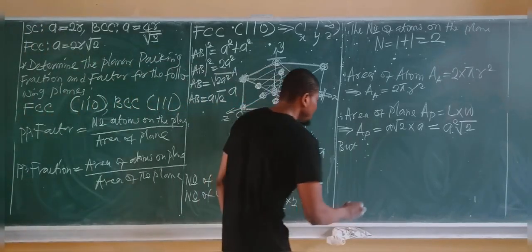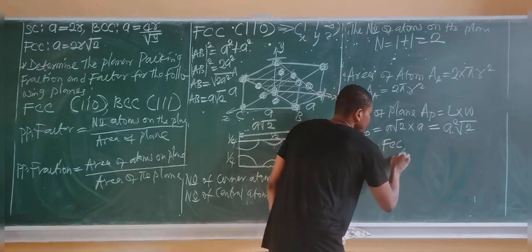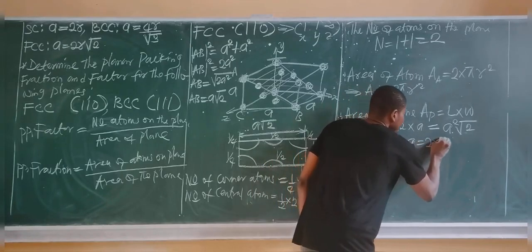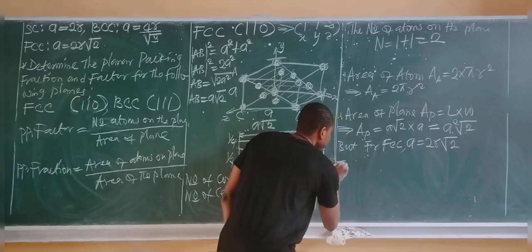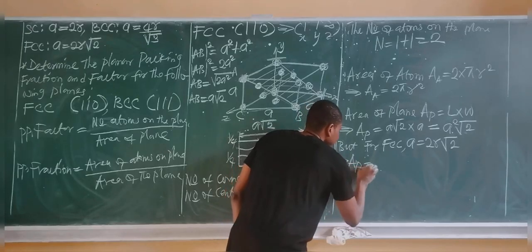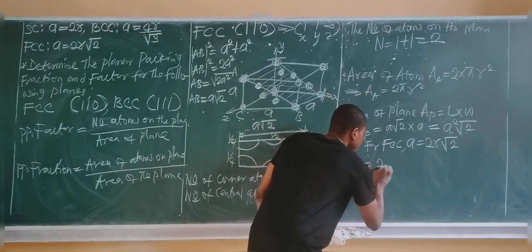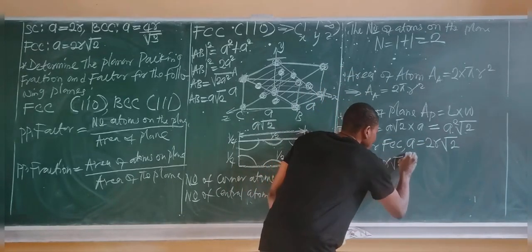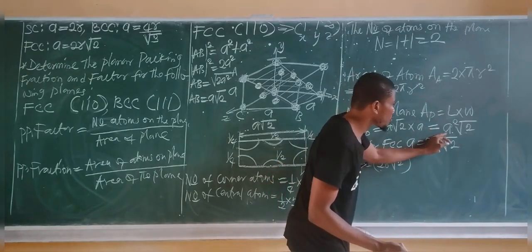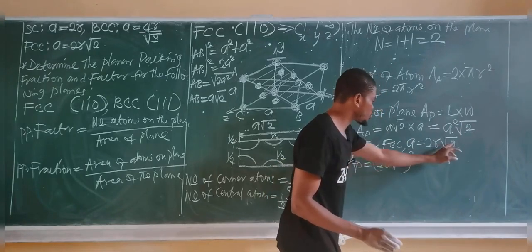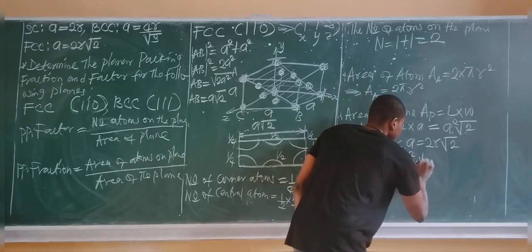So in place of a squared, we have 2r root 2 all squared times root 2.